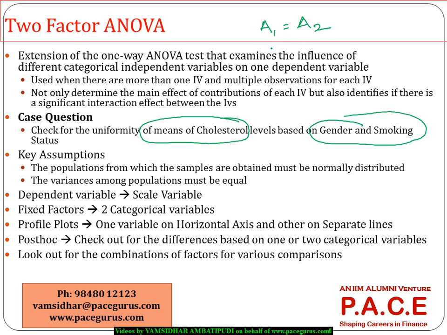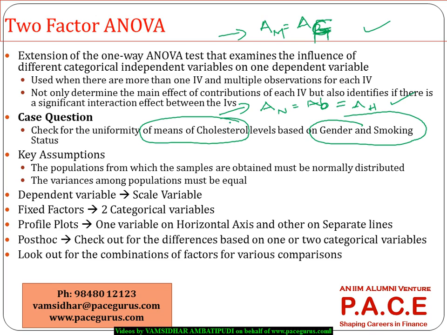Is the average cholesterol of males equal to the average cholesterol of females? Or I was looking at whether average cholesterol of non-smoker equals occasional smoker equals heavy smoker. These are two different tests if I am considering two separate one-way ANOVA analyses.